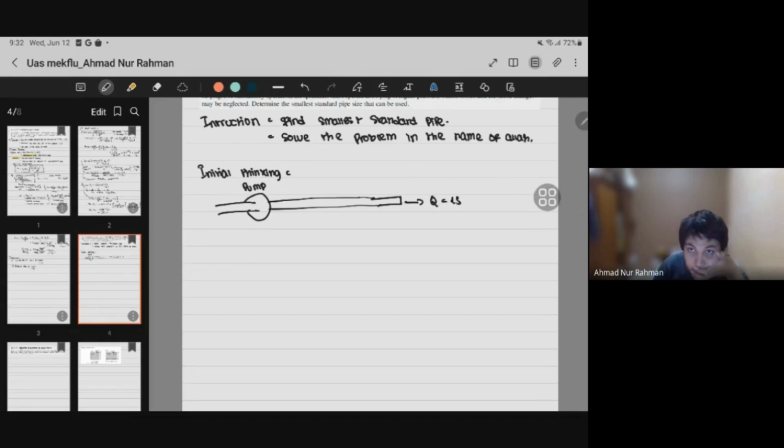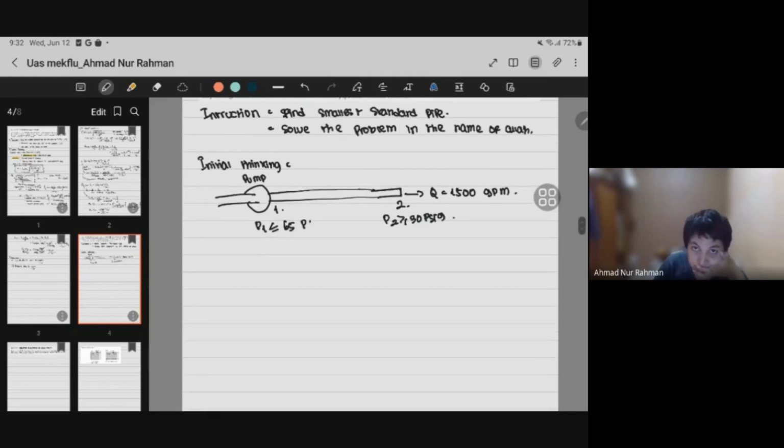Q equals 1,500 GPM. This is 2, this is 1. P2 is more than 30 psig, and P1 is less than 65 psig. So L equals 500 feet.